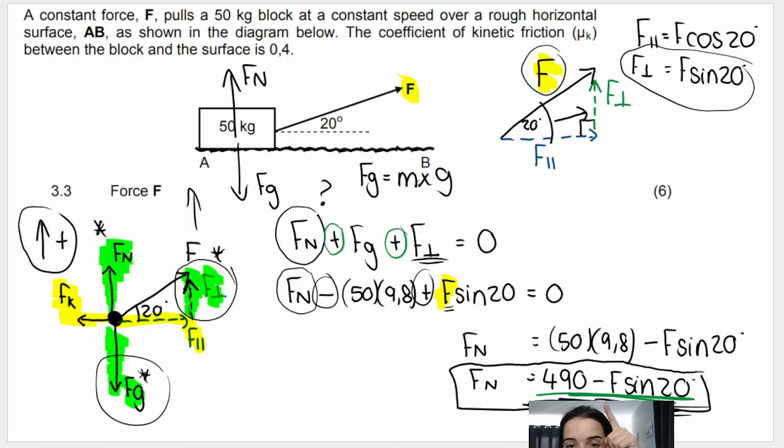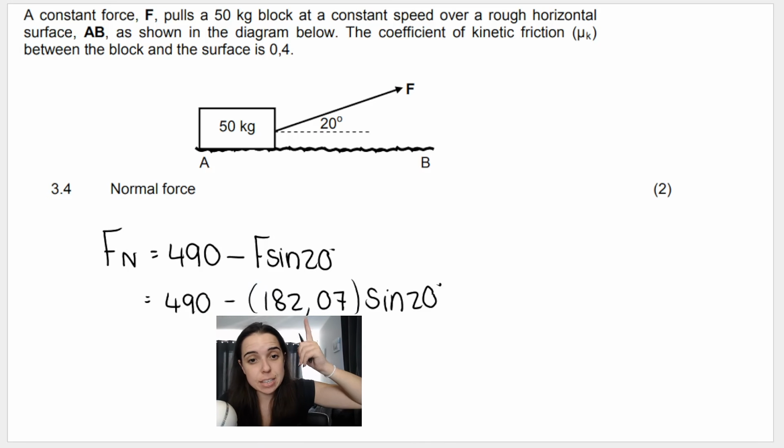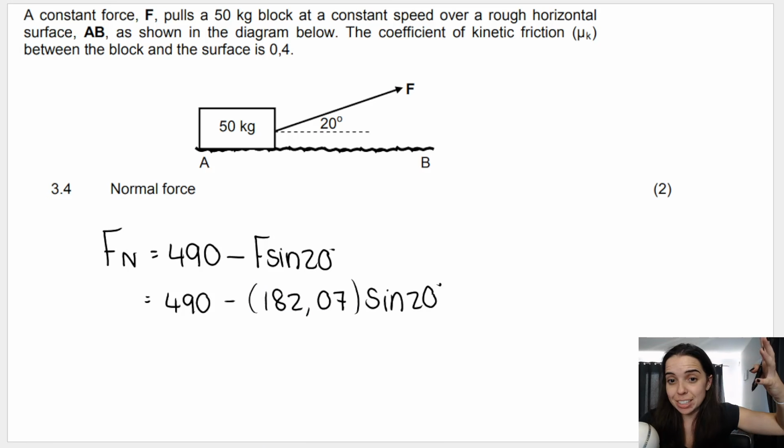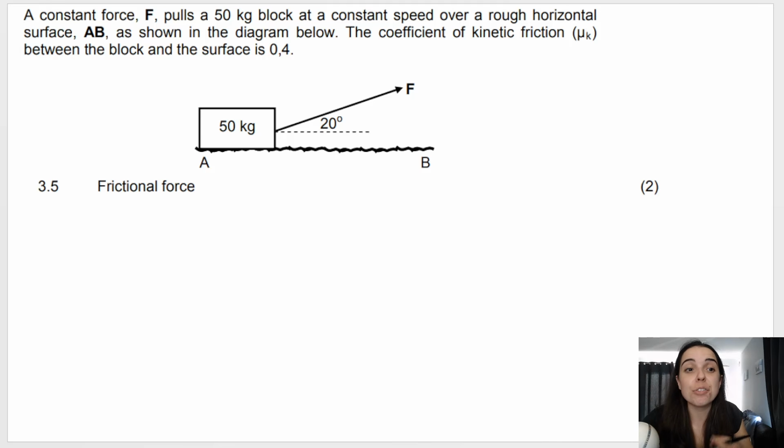In the place of F, we substitute the answer for F, and then you just calculate it. If you type that into your calculator, I get 427,73 Newton.